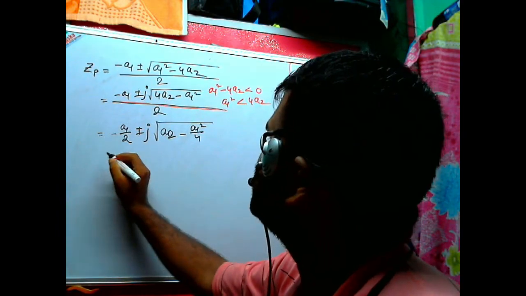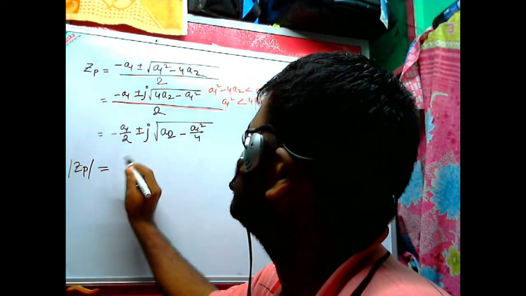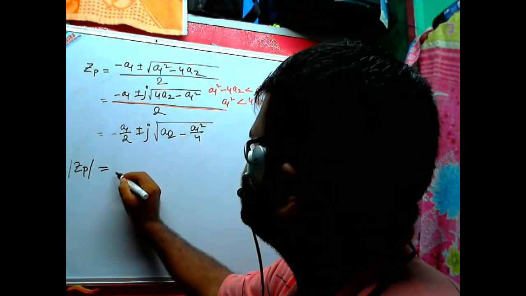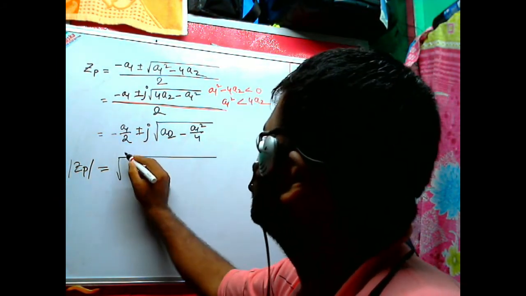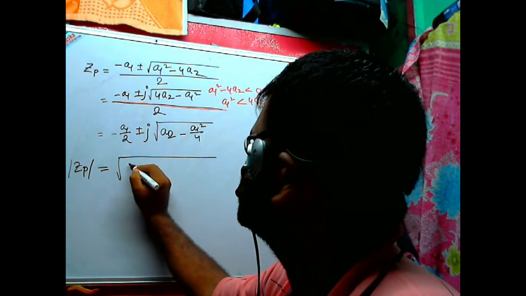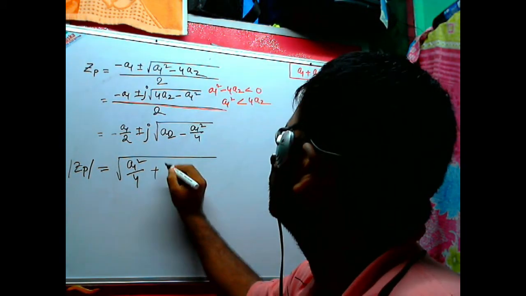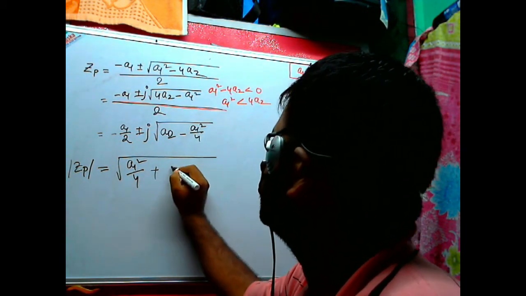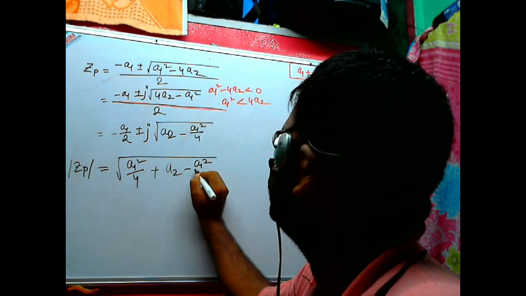Now what is the value of the magnitude of zp? It is the root of minus a1 by 2 whole square, that is a1 square divided by 4, plus the square of a2 minus a1 square divided by 4.